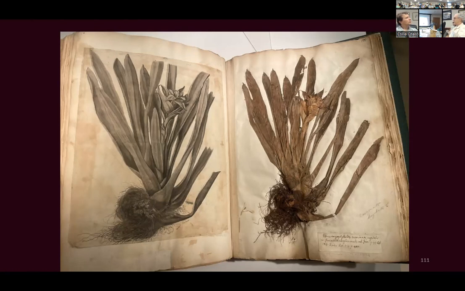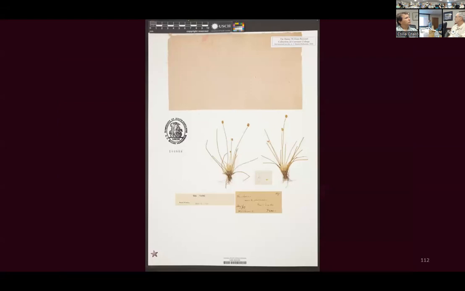There's a whole thing which I don't have time to go into about how no way of preserving a plant is going to keep all of the features. And the art has some that the dry plant itself doesn't have. And having them together is very useful. This is considered now sort of bad because the plant material can affect the paper. But that's a whole other issue.